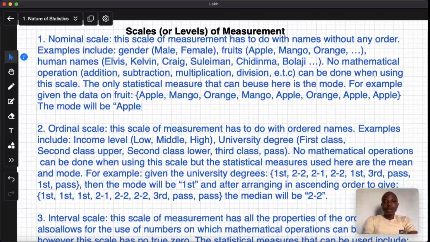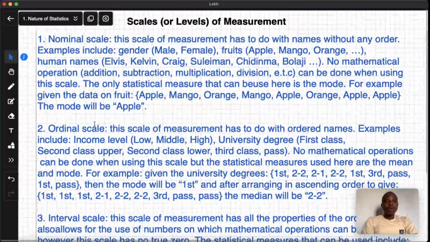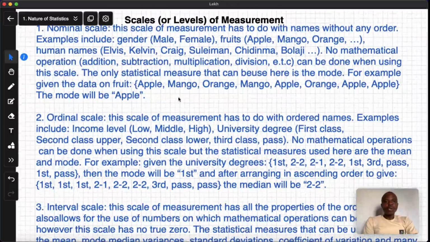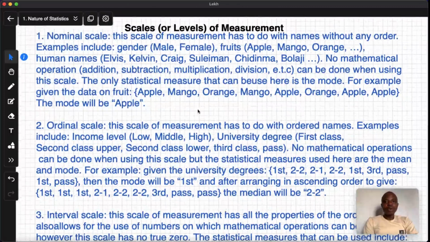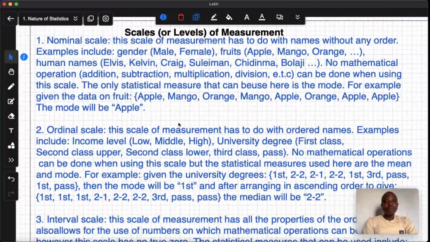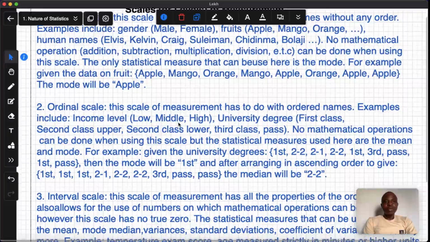All right. Now, going on, the second level of measurement that we can have is the ordinal scale. This scale of measurement has to do with ordered names. So it has to do with names too, but in this case, order is part of it. Now, for instance, income level, you have low, middle, and high.